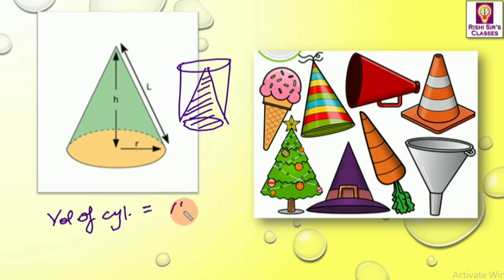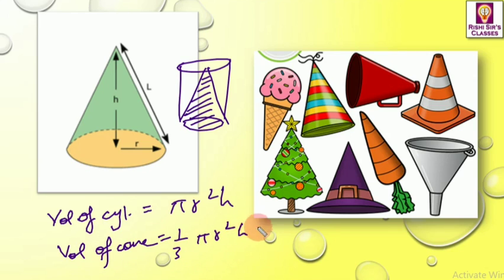Volume of cylinder was pi r square h. So the volume of cone will become 1/3 pi r square h. Okay, just imagine that if we divide the cylinder in 3 parts, one part will be a cone. So the volume will also be 1/3, that is 1/3 pi r square h.